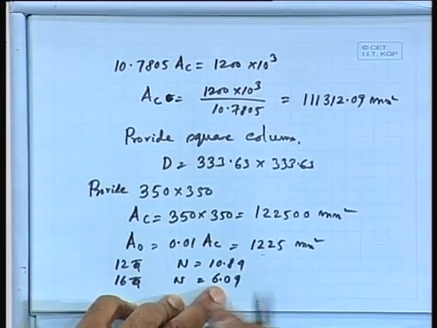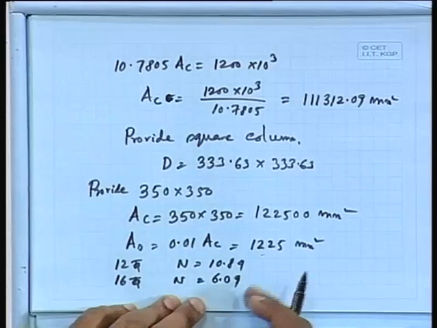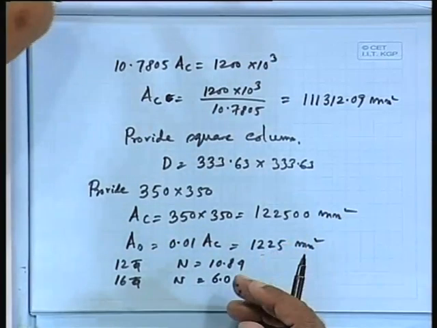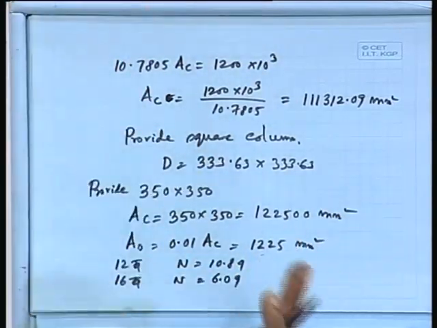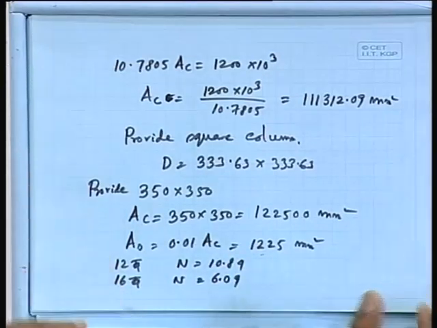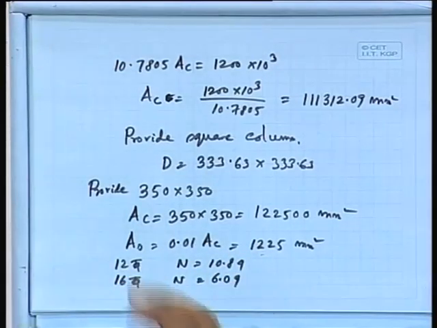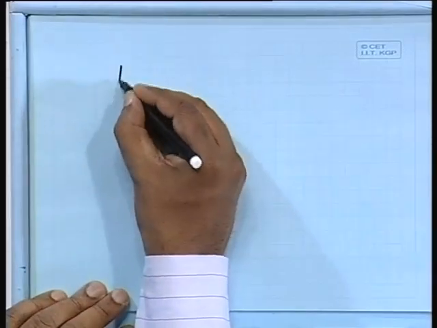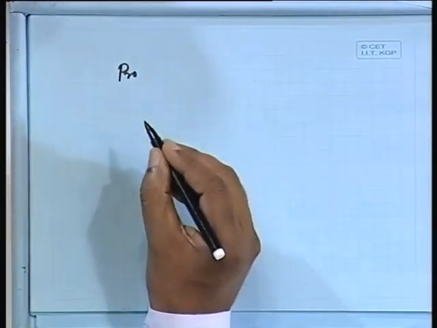So in that case you can find out how far we are from the 1200 kilonewton, how far we are deviating. It is not that there is any tolerance, so you have to be restricted with the number of bars also. So we can provide 16 torr here.